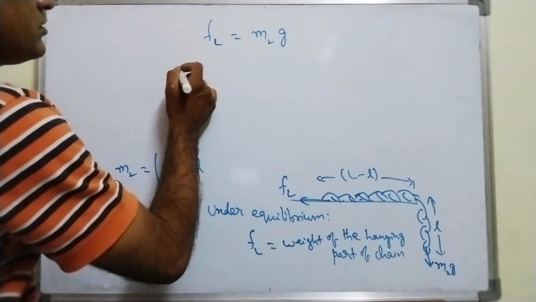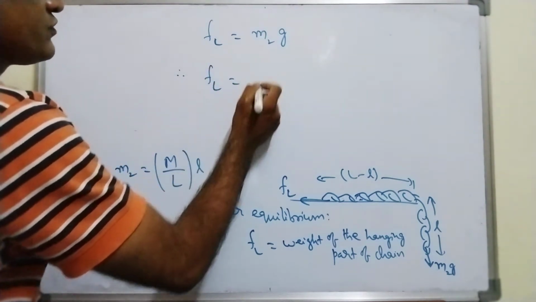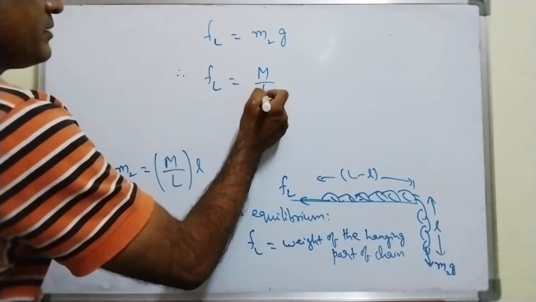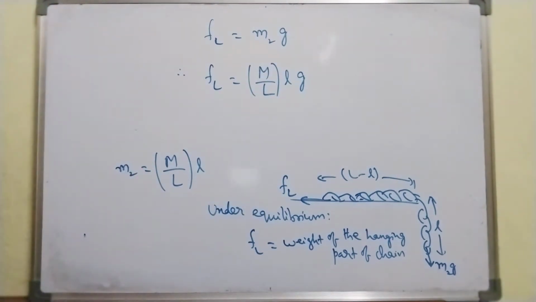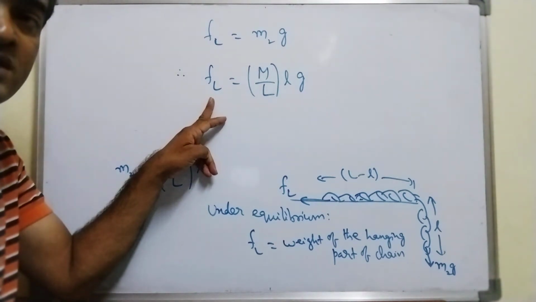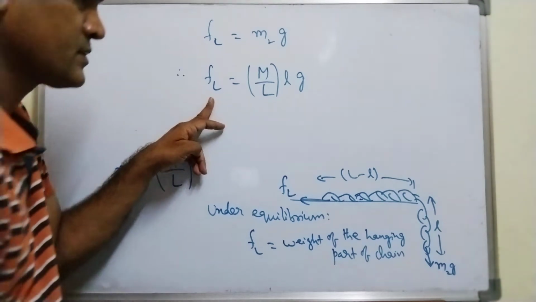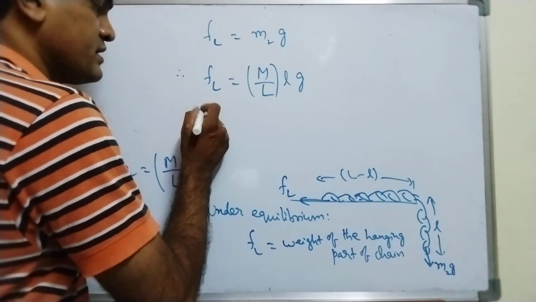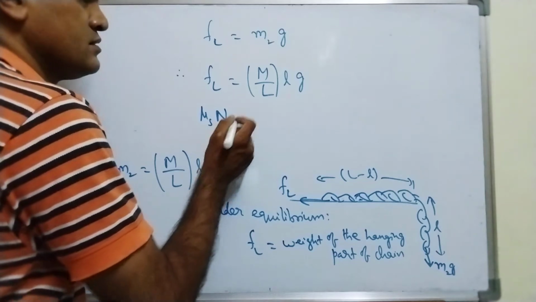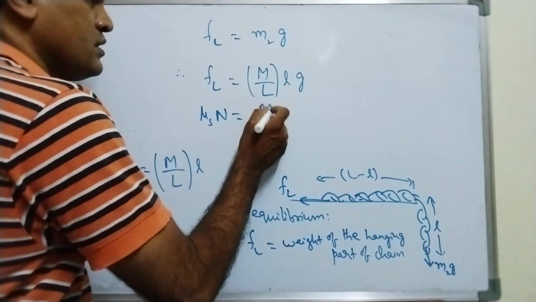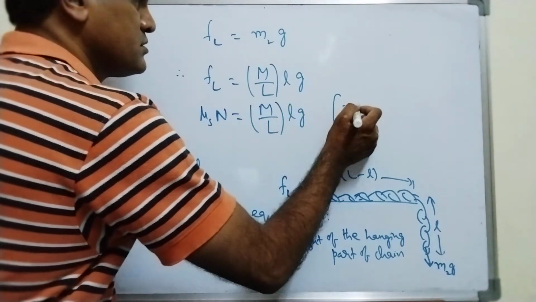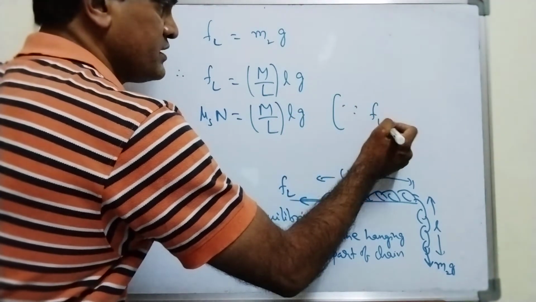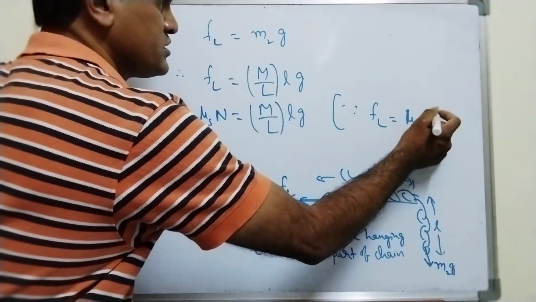So I can write limiting frictional force is equal to M by L into l into g. But this limiting frictional force is nothing but mu s into N, since we know the formula for limiting friction as mu s into N.